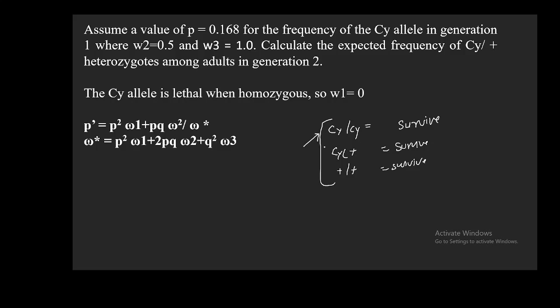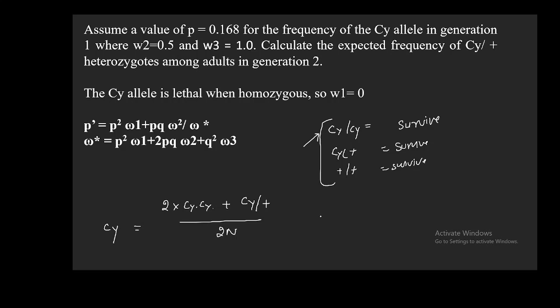For that you can calculate the allele frequency of CY by 2 into the number of CY/CY individuals plus the CY/plus individuals, divided by 2n. This is the frequency of allele CY.